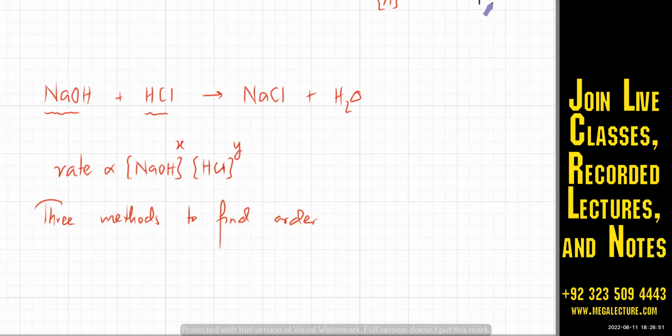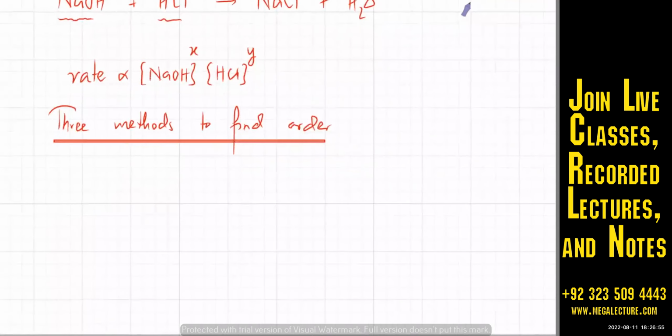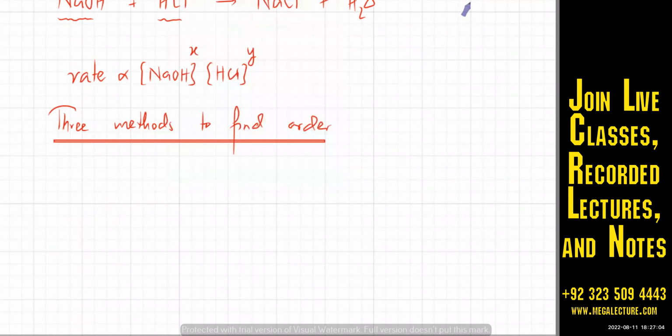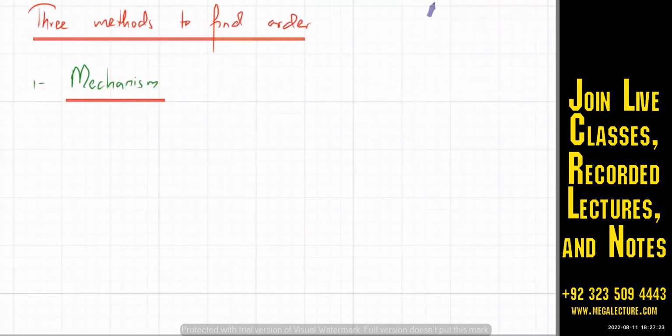Starting with the first one, method number 1: if you know the mechanism, you can find out the order of reaction. Now, you don't know the mechanism of most reactions. So we'll explore that method first.